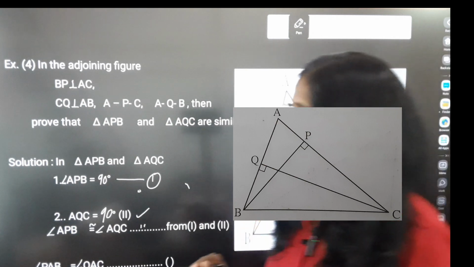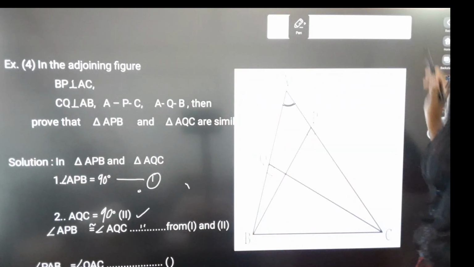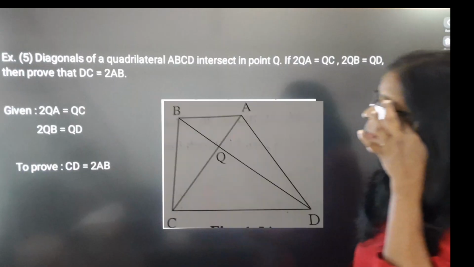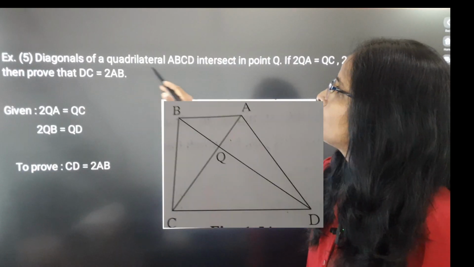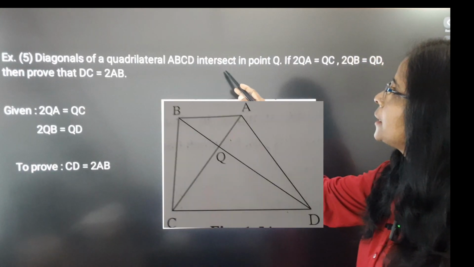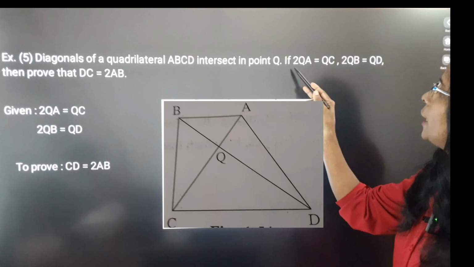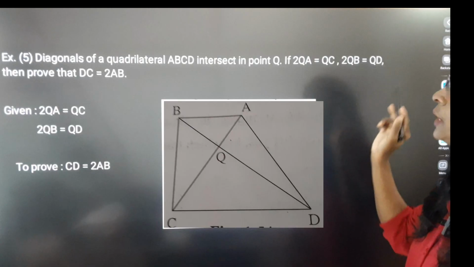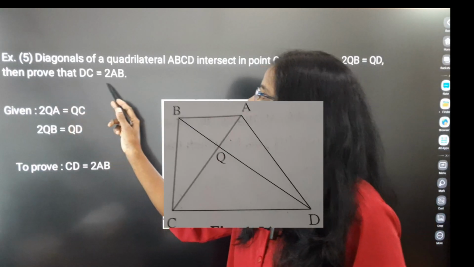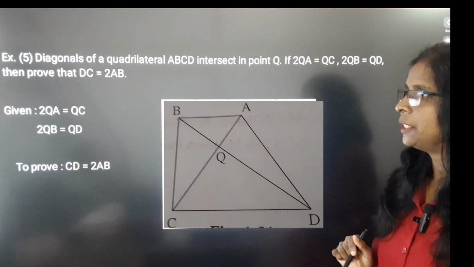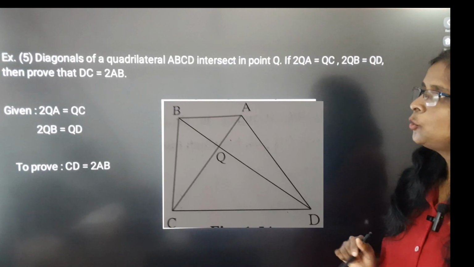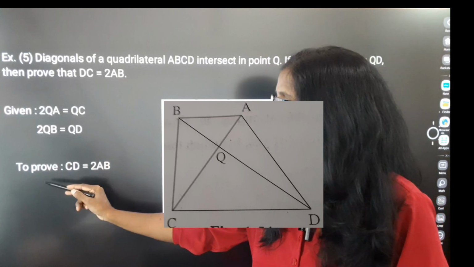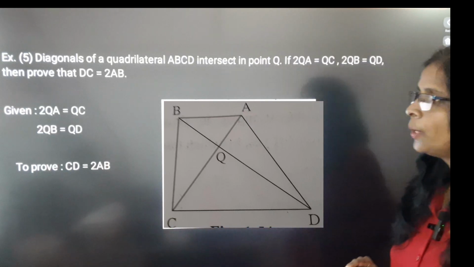Now see the next example. The diagonals of a quadrilateral ABCD intersect at point Q. If 2QA is equal to QC and 2QB is equal to QD, then prove that DC is equal to 2AB. Given 2QA is equal to QC and 2QB is equal to QD, to prove CD is equal to 2AB.